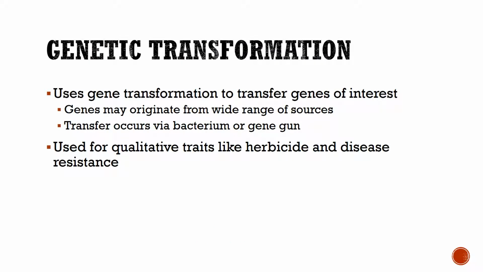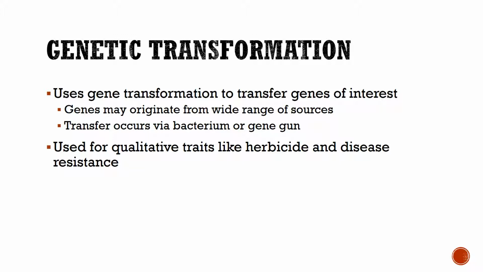So genetic transformation, how do we use it? Why is it important? The two main things we look at are how the gene originated from many different sources of different plants, and then how the transfer occurs, from either a bacterium or a gene gun, which I'll show you a pretty cool graphic about. It's also in your book as well.